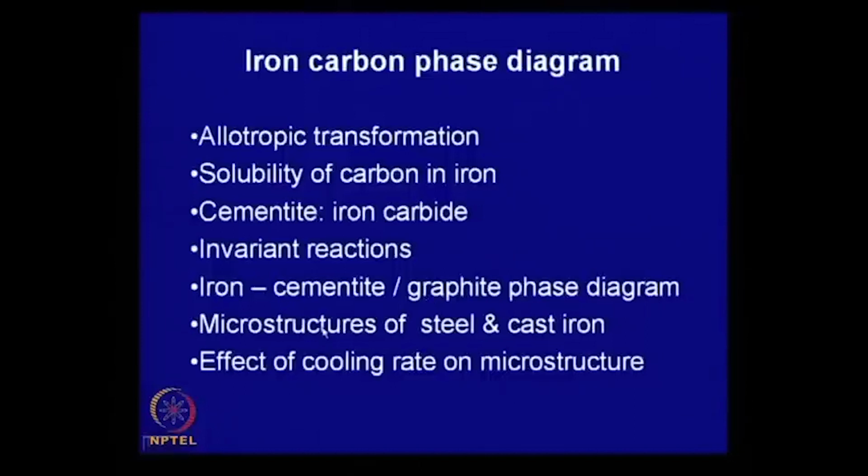We will also talk about the evolution of microstructures in steel, and we will know about the difference between steel and cast iron, and we will have a passing comment on the effect of cooling rate. Although the equilibrium diagram just describes the structural evolution under very slow rate of cooling, nevertheless we will see how this gets changed, or how we take into account the effect of cooling rate on microstructure.